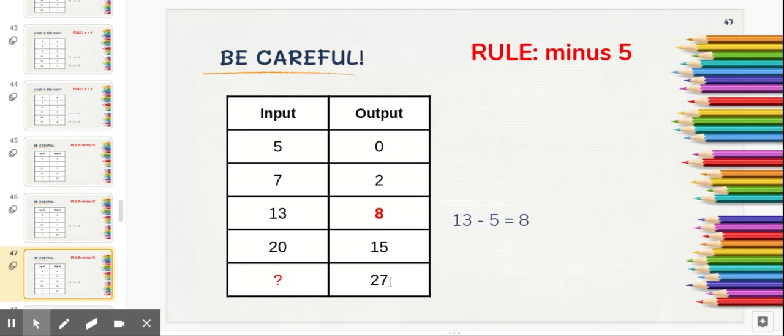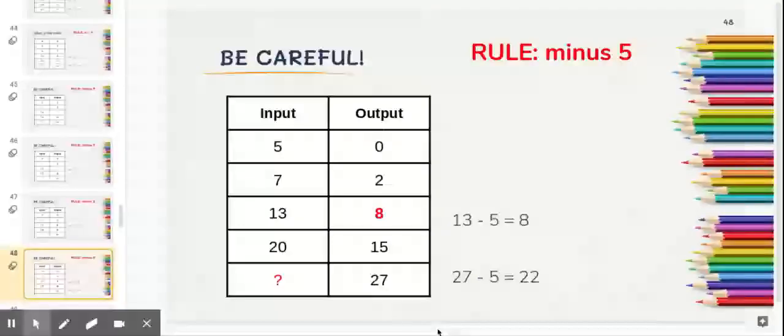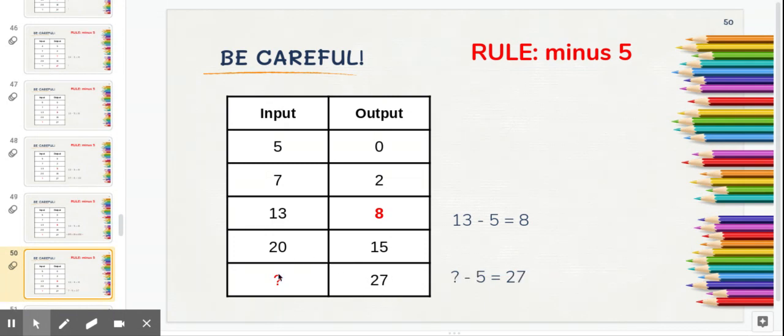However, in the last row, I already have the output number and I need to figure out what the input number is. So if you're thinking minus 5 is the rule, you might want to do 27 minus 5 and get 22. But that's actually not correct because the output number is 27. So you have to think about what number I can subtract 5 from to get 27.